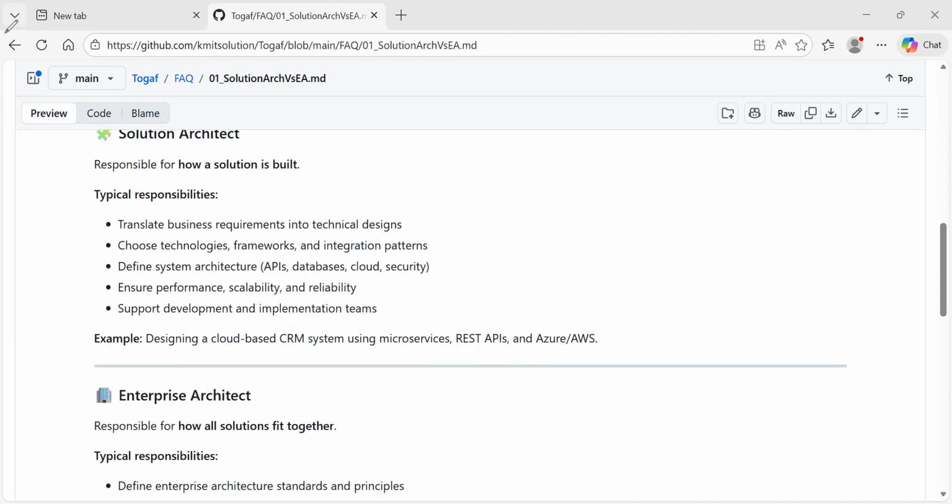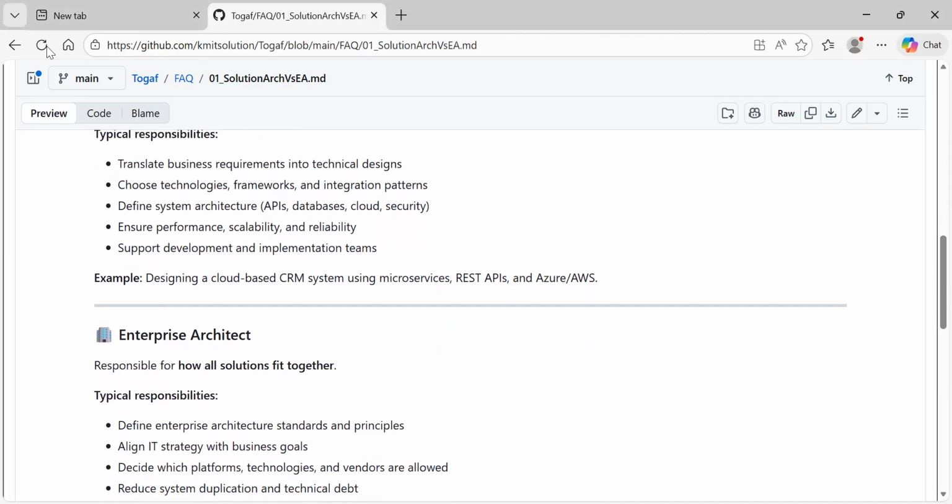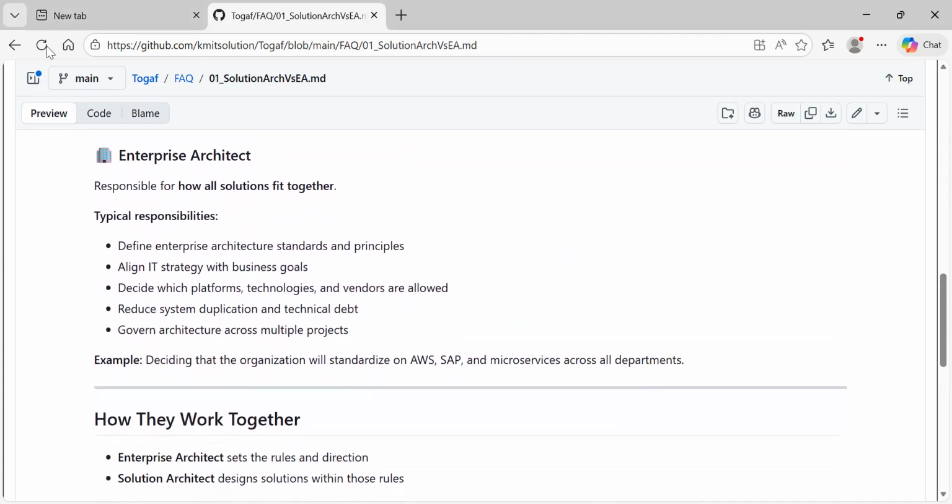Now, let us talk about the enterprise architect. When we talk about the enterprise architect, its main responsibility is to provide the organization-level solution, right? So responsible for all solutions fitting together.